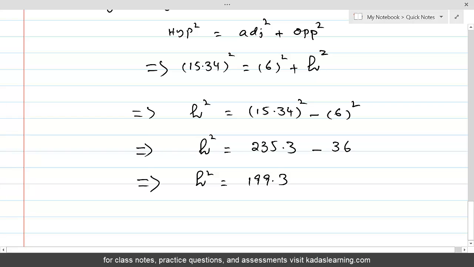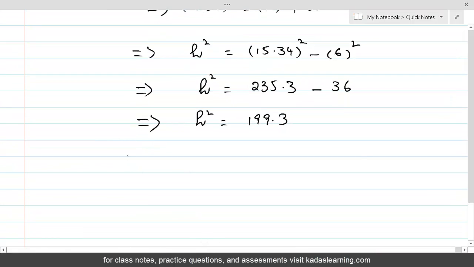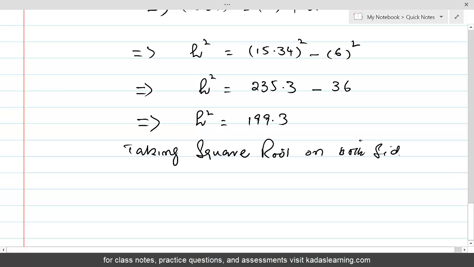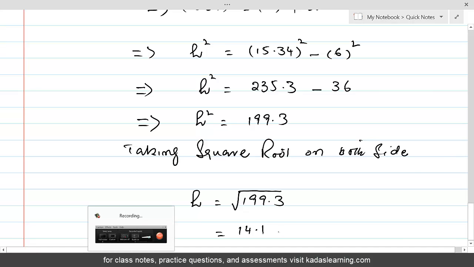Now taking square root on both sides, h is equal to square root of 199.3, which is equal to 14.1. And this is in feet.